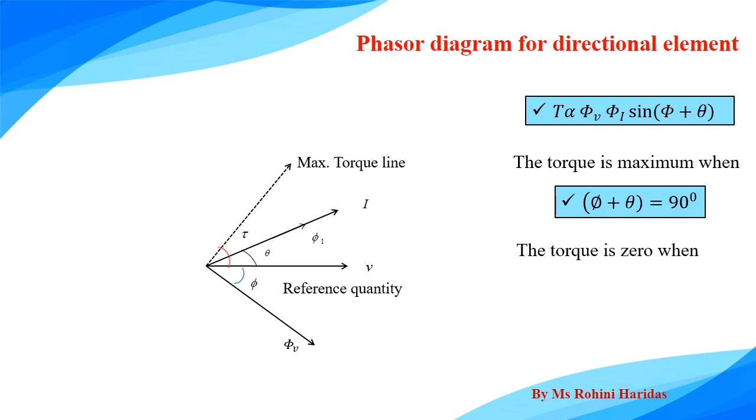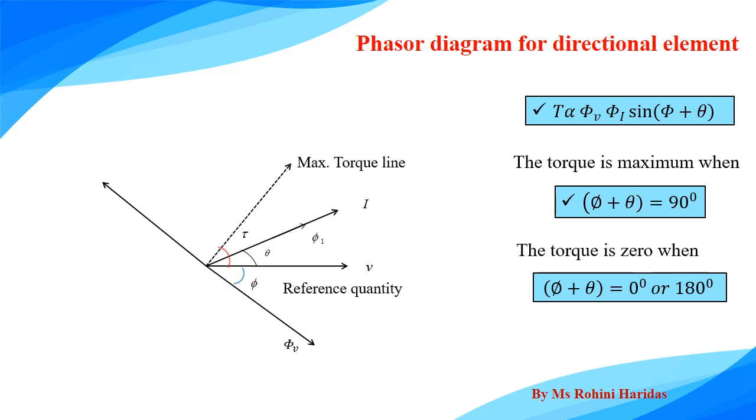Now the zero torque will occur when the sin(theta plus phi) term will be equal to 0. That is, phi plus theta is equal to 0 degree or 180 degree. This is satisfied when the relay current phasor lies at right angle to the maximum torque line, and thus the directional element will operate provided the current phasor lies within plus minus 90 degree of the maximum torque angle.